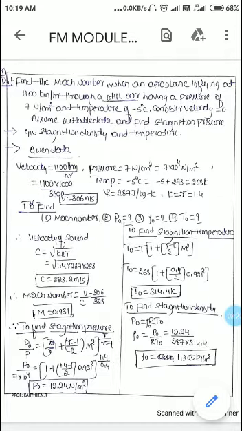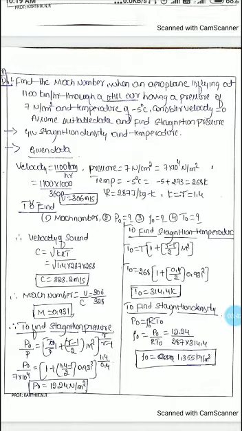Therefore, stagnation density is equal to stagnation pressure divided by R into stagnation temperature. On substitution, we get stagnation density is equal to 1.355 kg per meter cube. See, in this problem, we can use the normal stagnation formulas also. We are going to get the same answer.